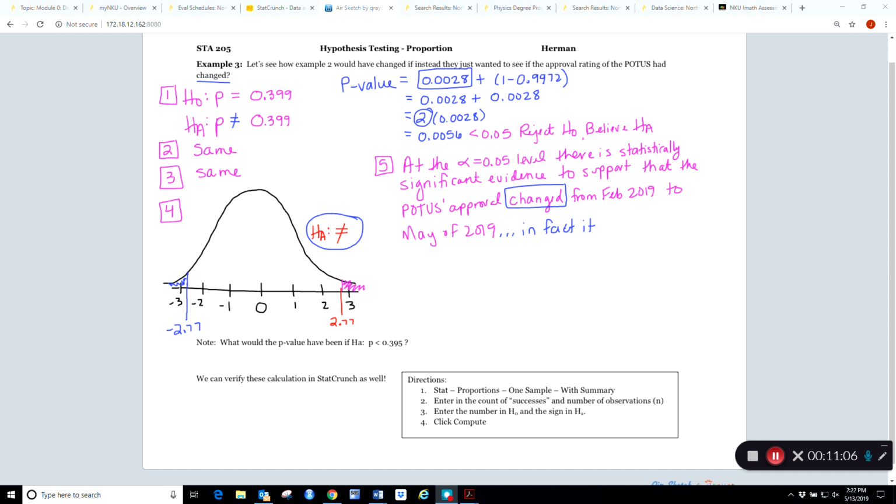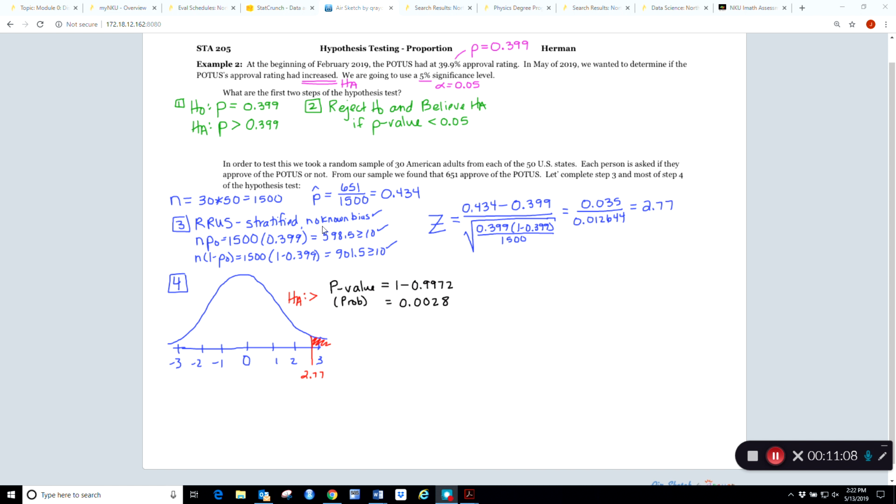Now is when I pay attention to the fact that my z that I calculated here was positive or to the right of the mean. Because if I'm positive, right, I am 2.77 standard deviations above or higher than what I expected to be.